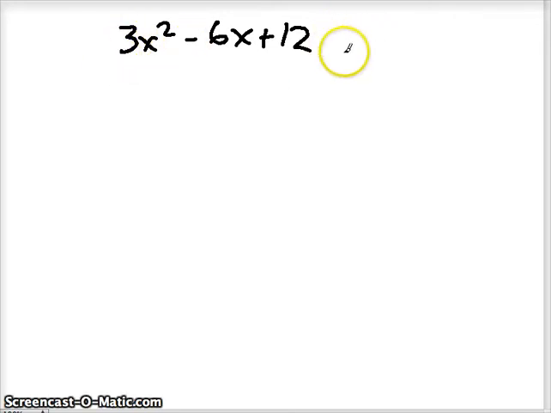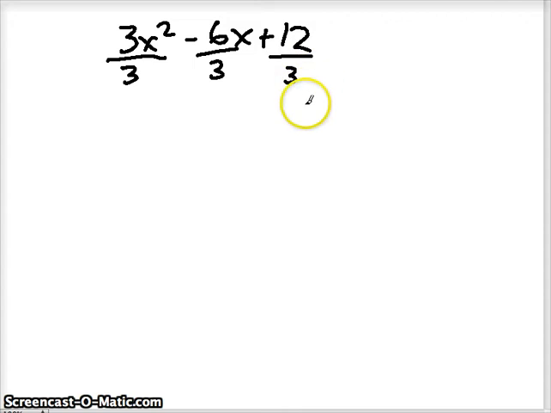This is an example where a does not equal 1, so we have to do one extra step here. We always have to get a equal to 1, and the only way to do that is to divide every term by a. That will get rid of that coefficient and get it down to 1. A has to be 1 in order to complete the square.